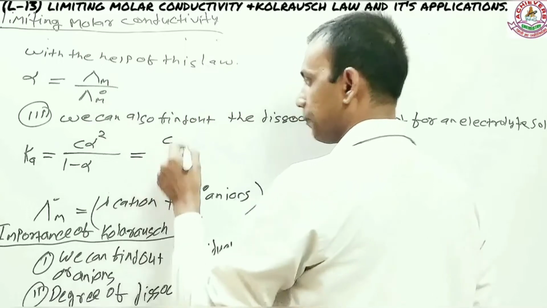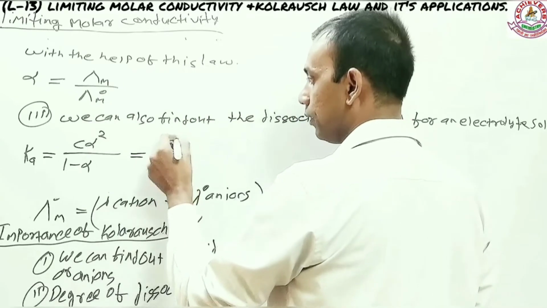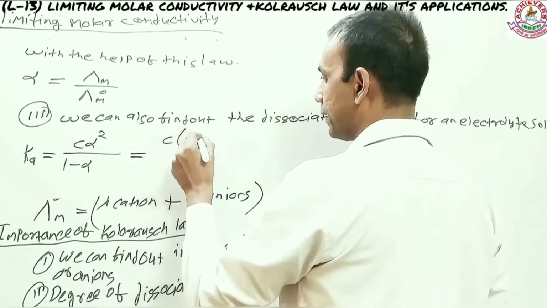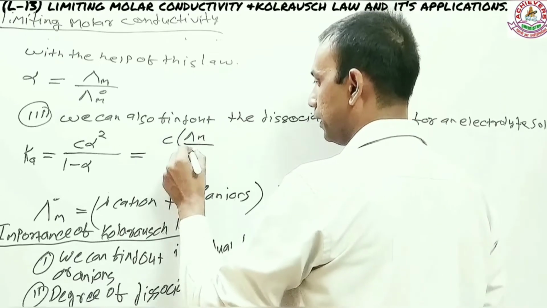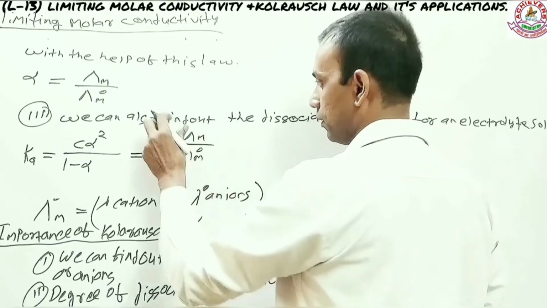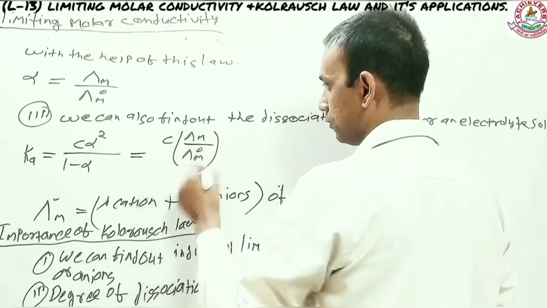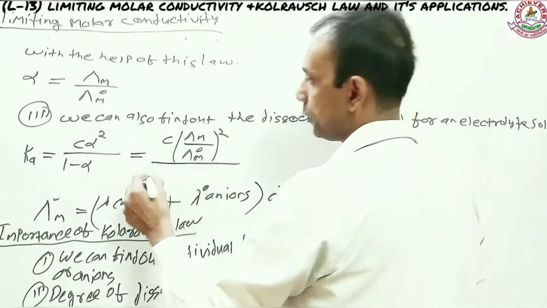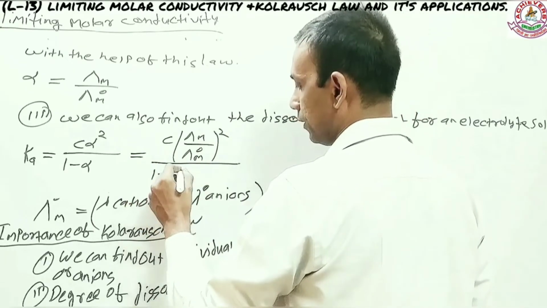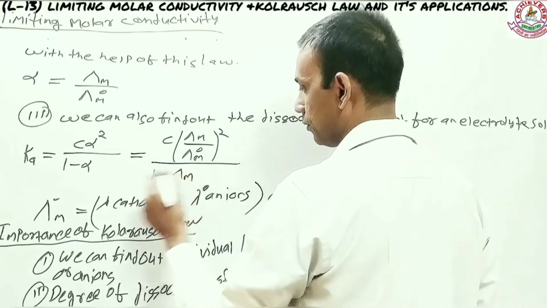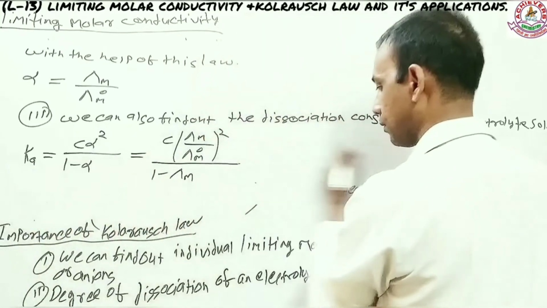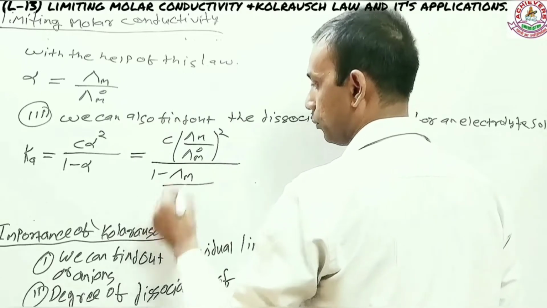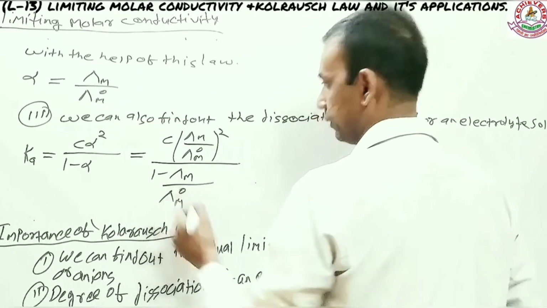So this is C multiplied by molar conductivity divided by limiting molar conductivity, squared, divided by 1 minus molar conductivity upon limiting molar conductivity.